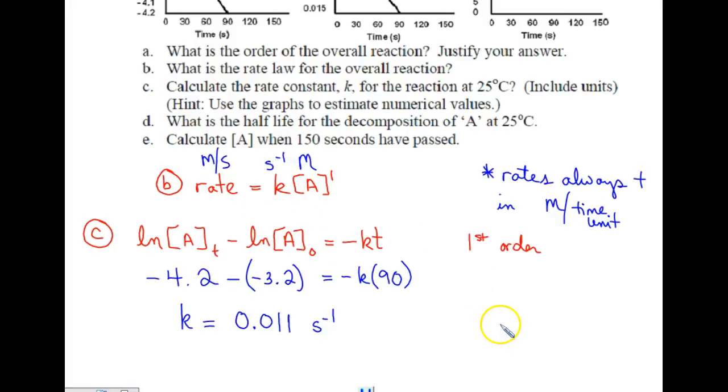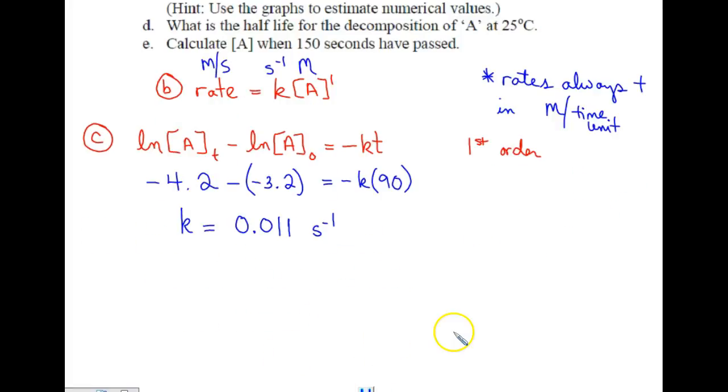And you can do that same thing with other rate laws to work out the units for K for second order and third order. Alright, so our next question, part D, is what is the half-life for this? Well, now that we have K, we can do this fairly simply. The third equation on your equation sheet is the half-life equation.